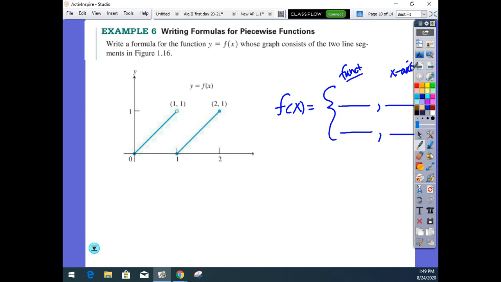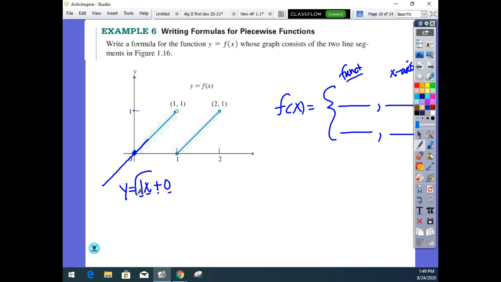All right. So first of all, if we extend this just to see, this is a line with a y-intercept of 0 and a slope of up 1 over 1. So 1x plus 0 would be like our y equals mx plus b.